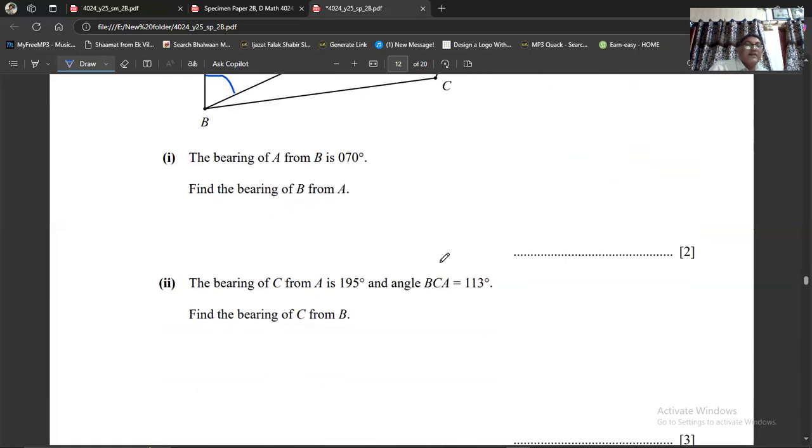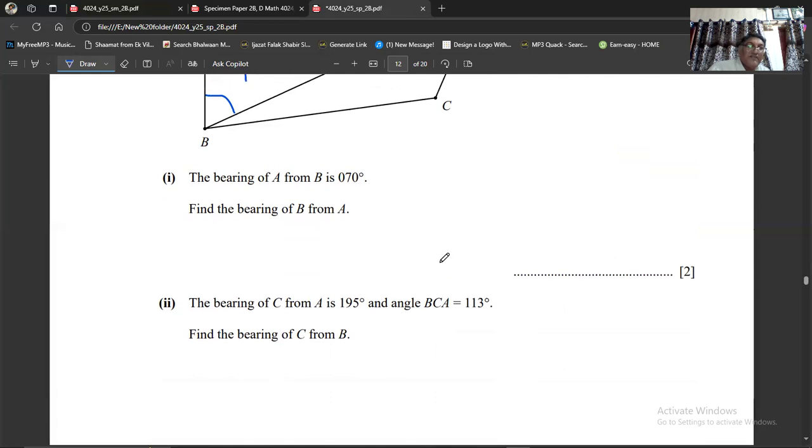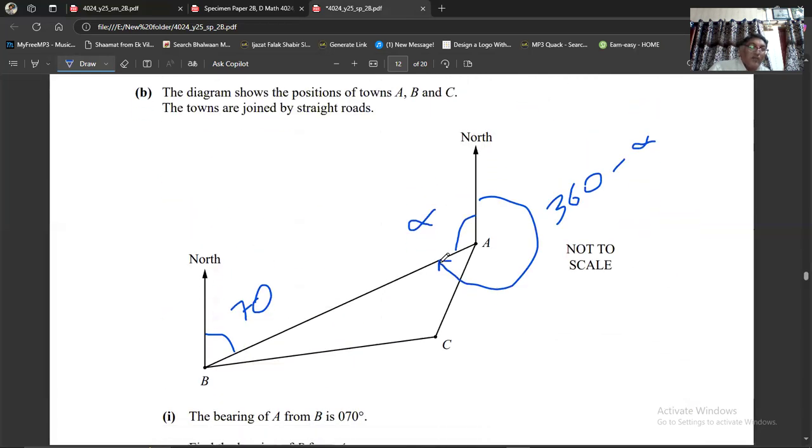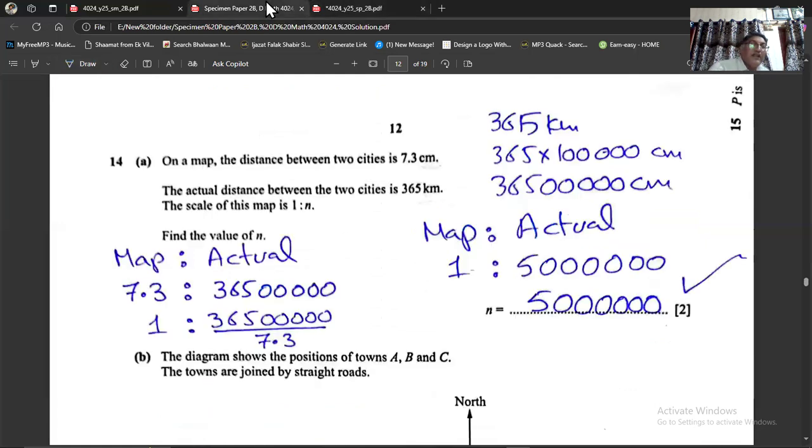From A means on A you draw the north, and from that north you go clockwise to the AB line. That angle will be called the bearing of B from A. Let me show you.